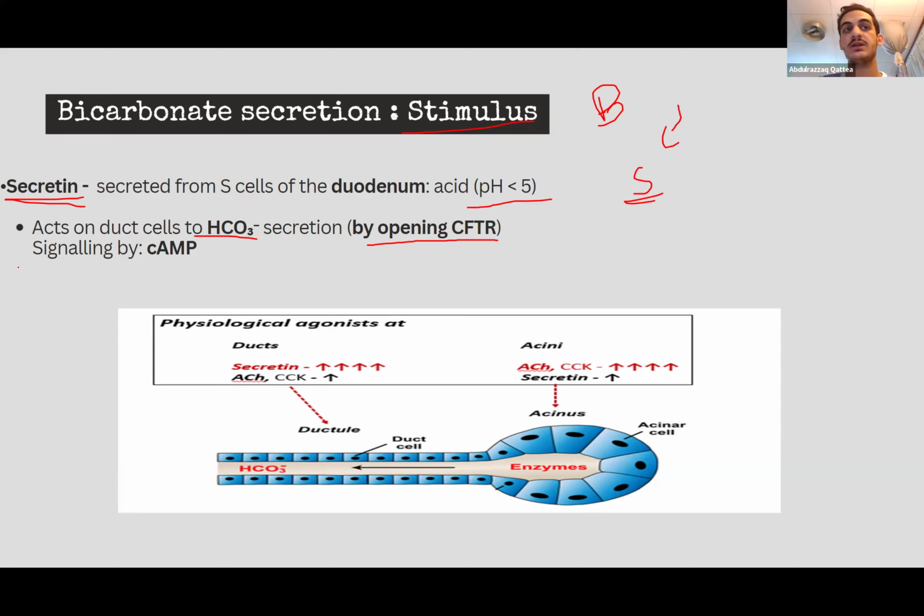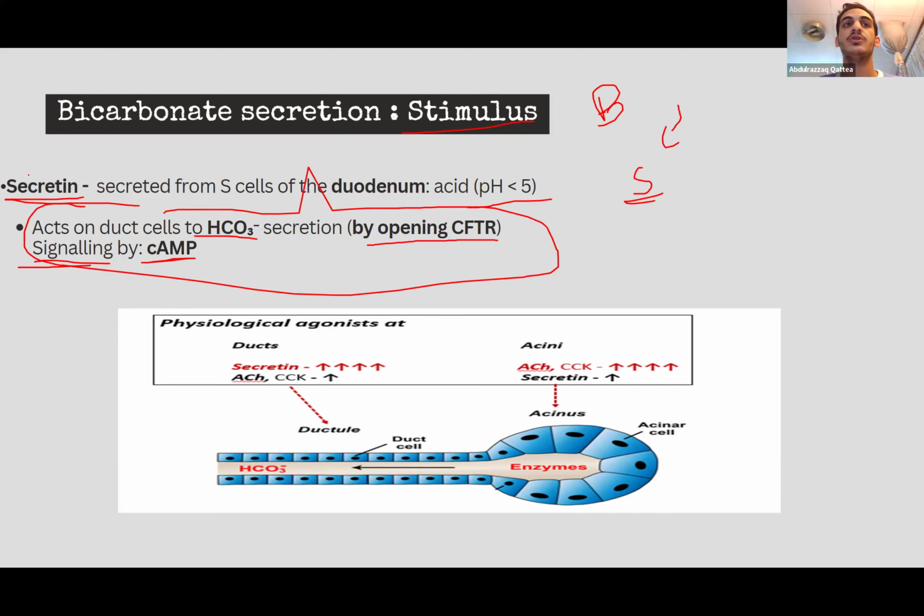And this is by a signaling pathway, which is cyclic AMP. Signaling means more than one step, or a cascade. Just don't worry about this. We will talk about this later, inshallah. Just know secretin will secrete bicarbonate by opening the CFTR channel and by cyclic AMP.